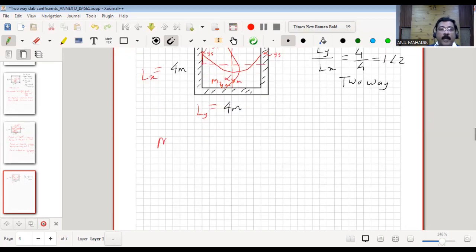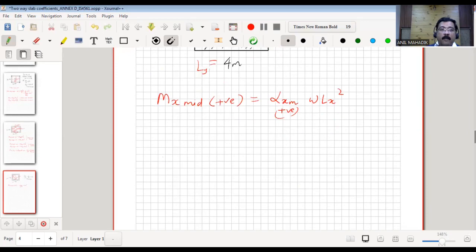So there will be moment Mx, that is shorter span, at the midspan, which is a positive value, which will be alpha x midspan, positive value, into W Lx square. Then there will be Mx support, negative value, alpha x support, let's say this will be negative, and W Lx square.